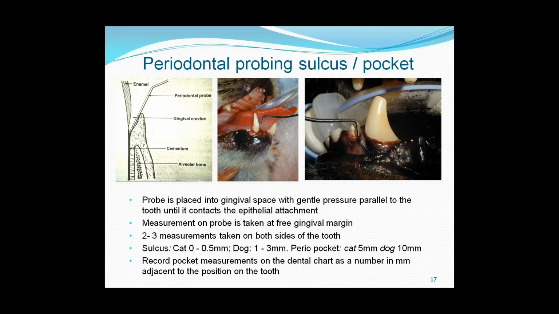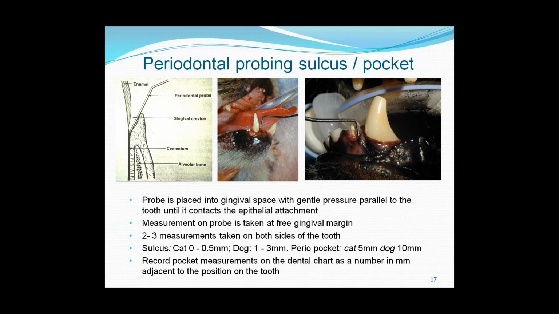And the clinical example on the right-hand side, we can see measuring the mesiobuccal surface of the mandibular third incisor on the dog, and we can see that literally the whole probe has gone down into the sulcus or the pocket, and it's 10 millimeters, so that would indicate that we have a pocket as well.